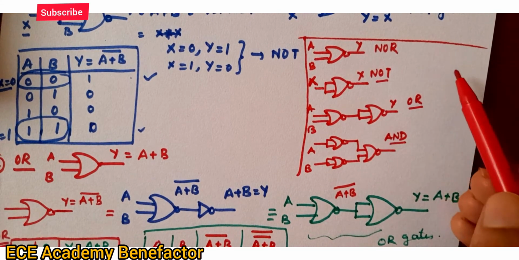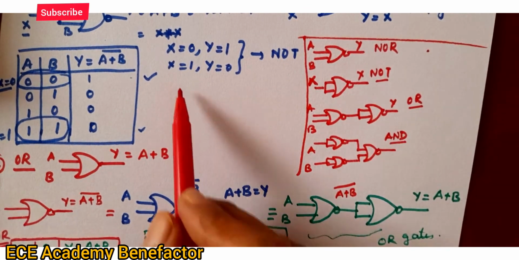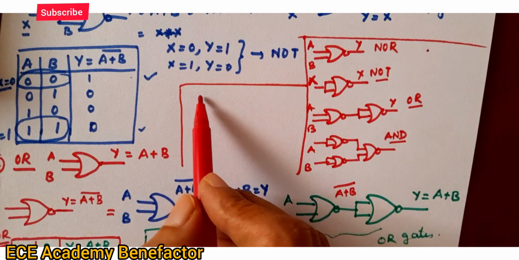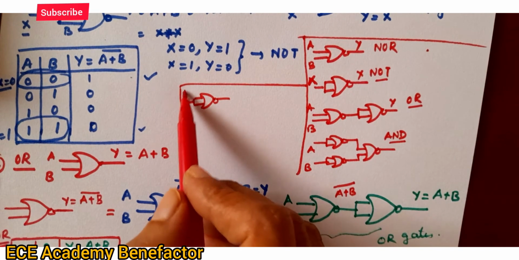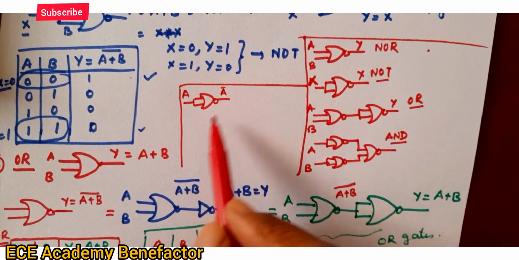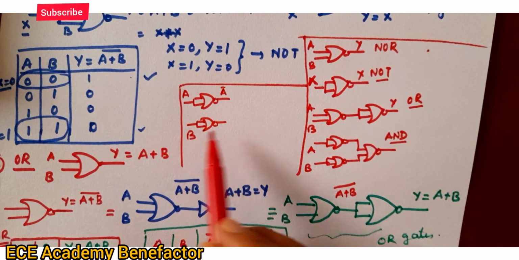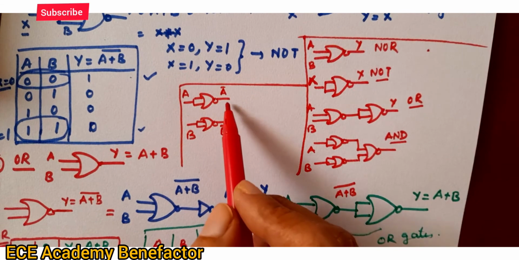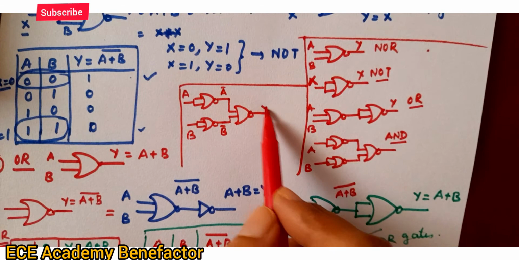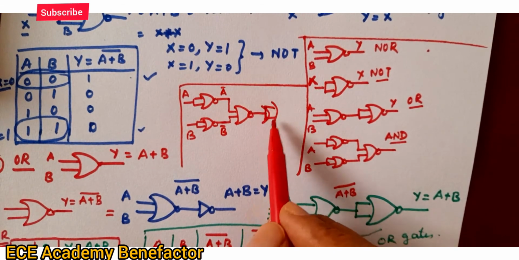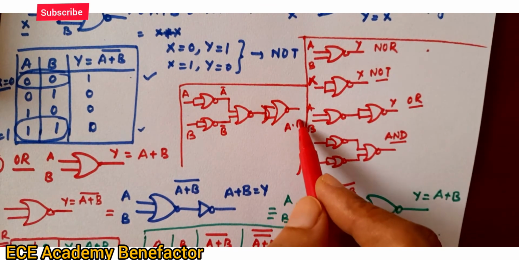So how will it be? It will be clumsy here, so I am drawing it here. First A bar we want to get, that is coming by this one, A bar, B bar, and then give it to a NOR gate and then give it again to a NOT gate to get A dot B the whole bar.